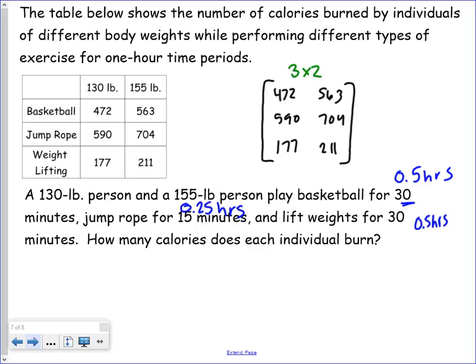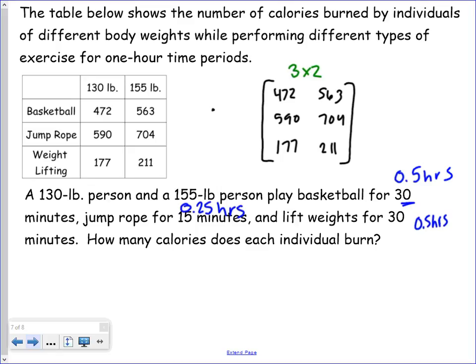You need the columns in one to equal the rows in the other, right? If I were to do this 3 by 2 and put the new matrix behind it, would a 1 by 3 or a 3 by 1 work? No. If I were to put the new matrix in front for multiplication, would a 1 by 3 or a 3 by 1 work? A 1 by 3 would work, right?